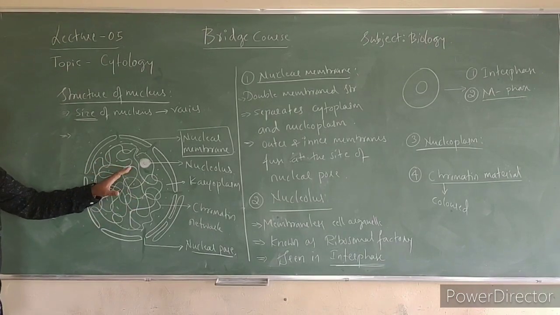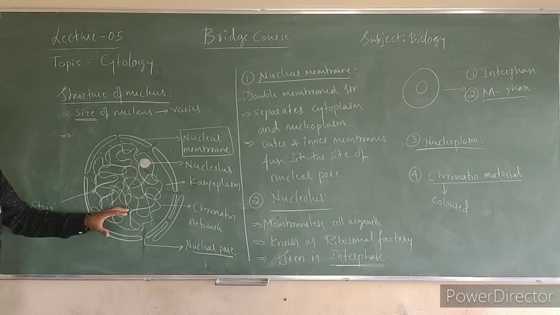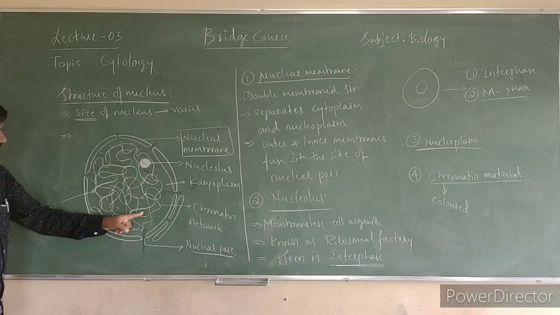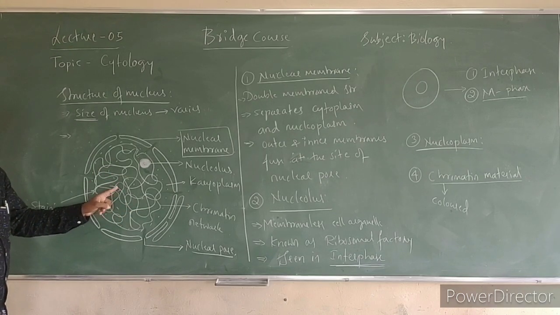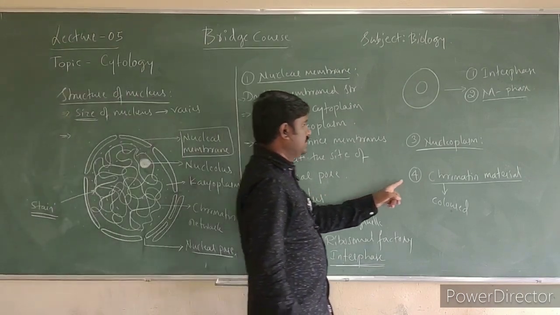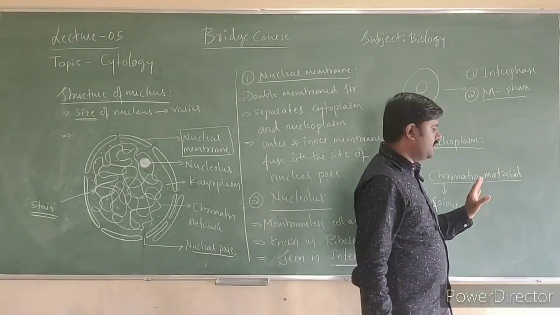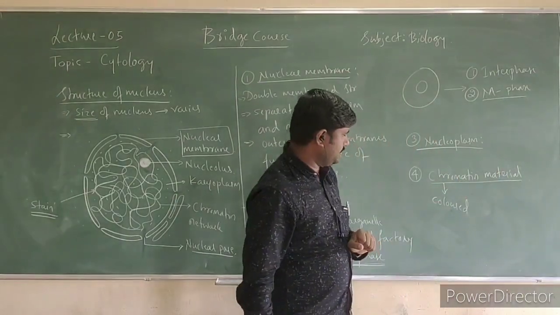Except this material, no other parts will take that stain. When it is stained, at that moment it looks like a colored material. That's why it is called chromatin material or chromatin network.